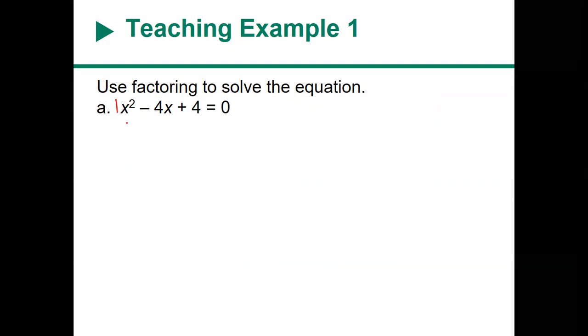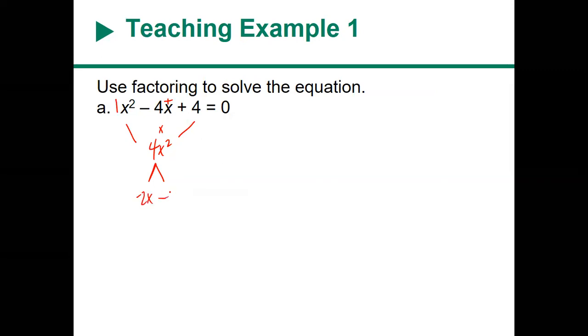Going through that, if I did A times C, I'm going to get 4x squared, right? So I'm looking for what multiplies to give me 4, but adds to give me negative 4. So what is this going to break down to be? What'd you say? We get negative 2x, and we have plus 4x squared.